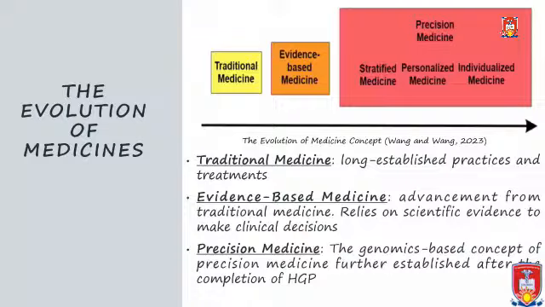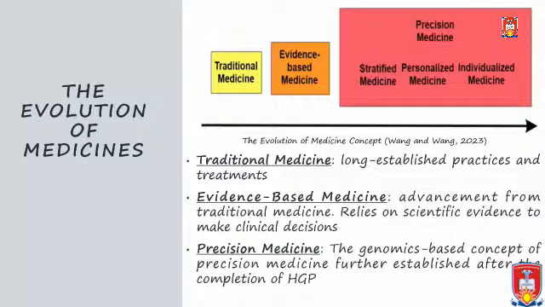All right, so I see that there has been a group before that talked about using nutrigenomics for medicine. So there's an evolution of medicine. Initially we had traditional medicine, the long-established practices and treatments. Then we now have evidence-based medicine. That means it relies on scientific evidence for you to be able to make clinical decisions.